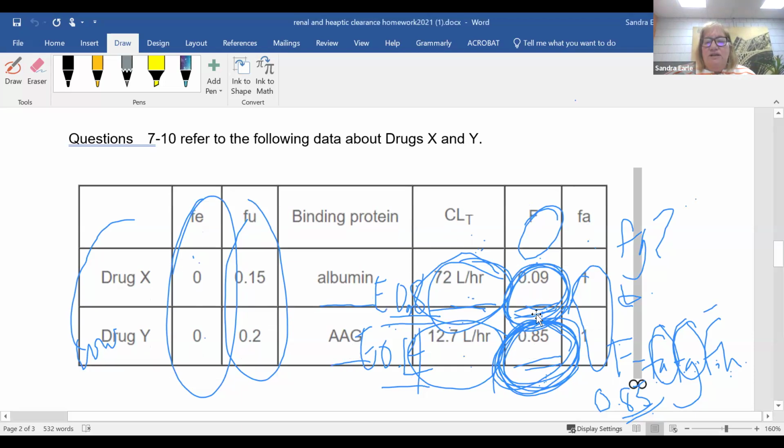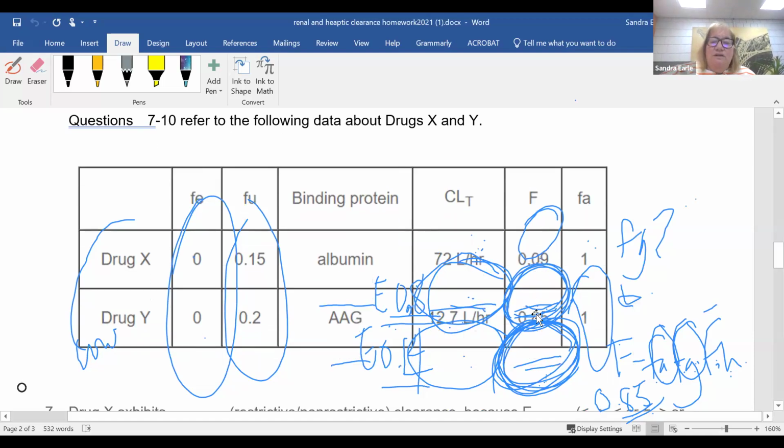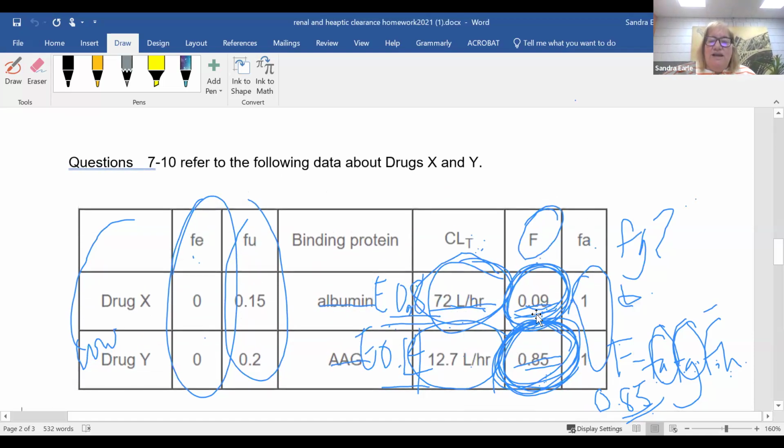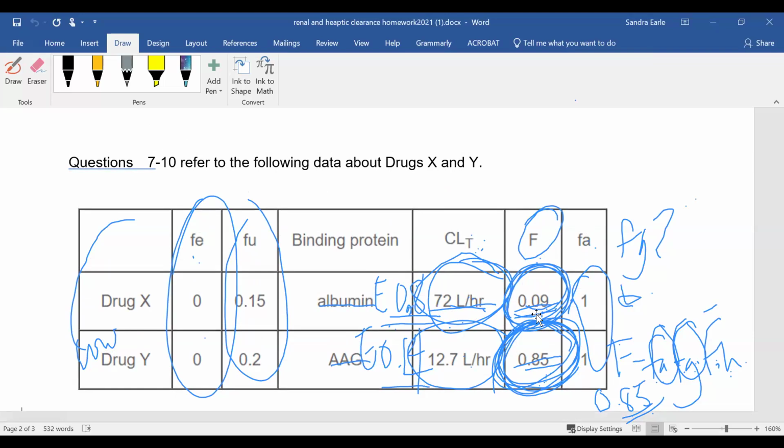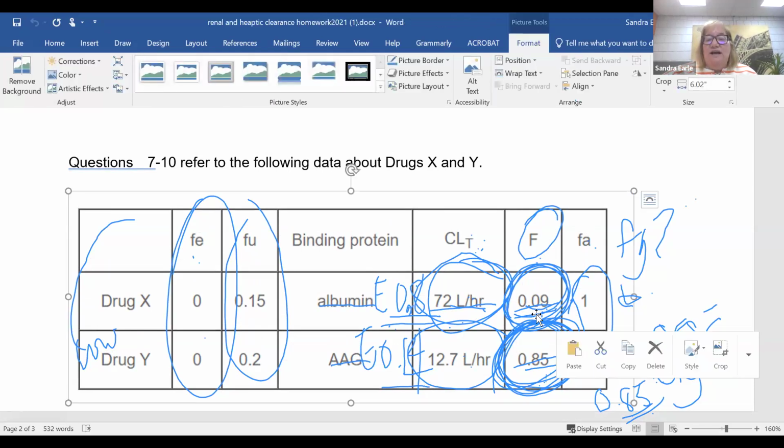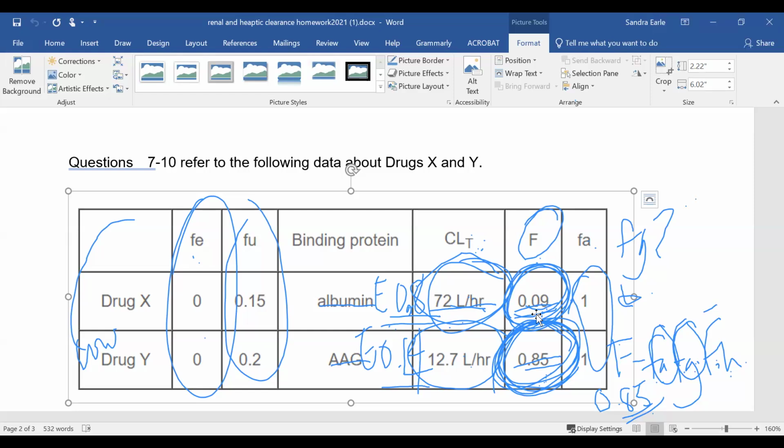So if FG were 0.09, and FH and FA were both 1, this would be a low extraction drug, but it just has a lot of the drug removed in the gut wall. Does that make sense? Yeah, that makes sense. We can't necessarily tell when there's a low bioavailability what kind of drug it is, but if it's a high bioavailability, we know for sure it's not highly removed by the liver. Does that make sense to everybody?